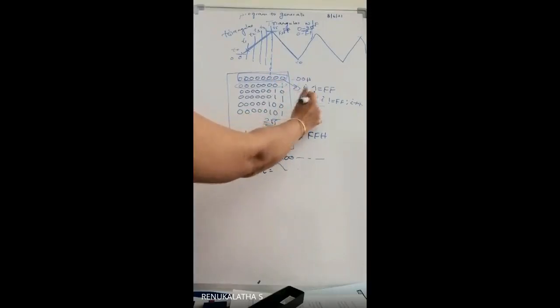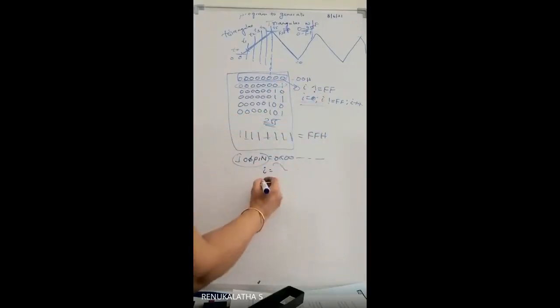So what actually do you do? You create a temporary location. You assign that value to temp, and then from temp it goes to IO pin. Then again increment i. Again you assign that value to temp and then to the IO pin register. Again you increment the value of i, assign it to temp, and it goes to the IO pin register.